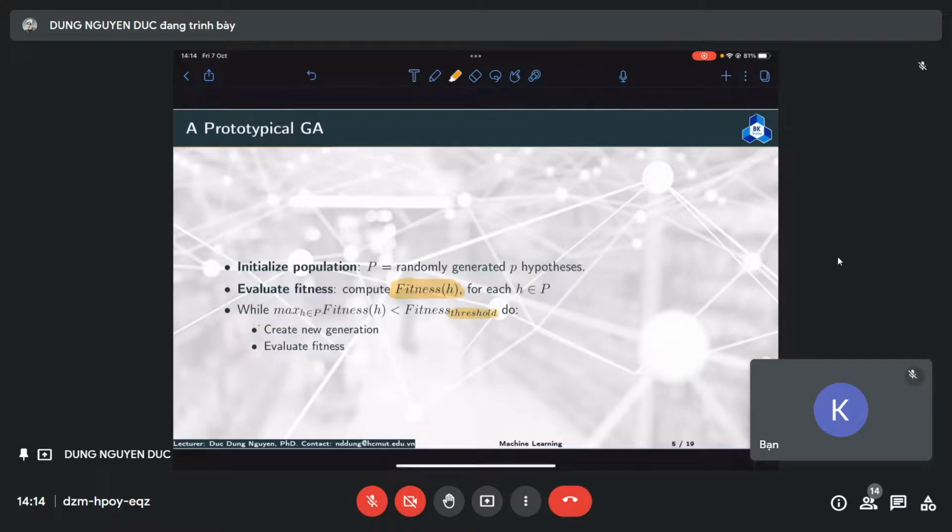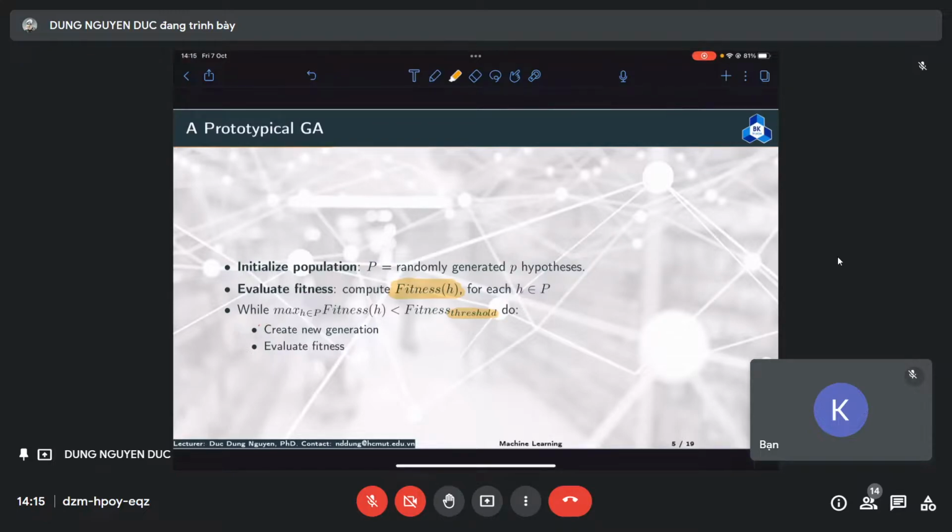So while the max of your fitness function is still smaller than this threshold, you keep repeating the evolution process, but if the max of fitness already surpassed the threshold, then you stop because now you may have found a good enough solution. Okay, and then you can start creating a new generation and repeat the evaluation of fitness again. That process keeps repeating until you satisfy the condition.